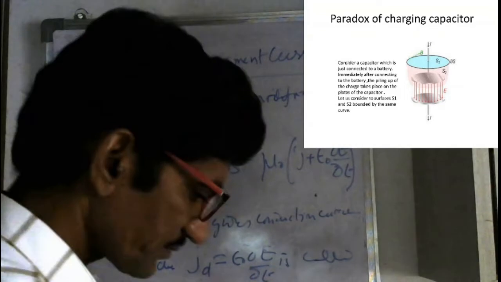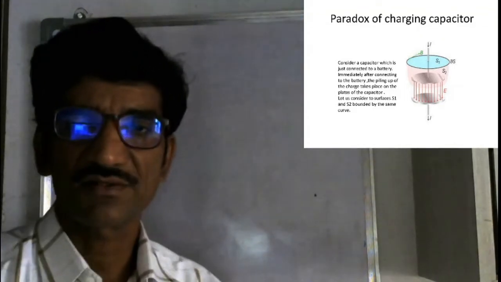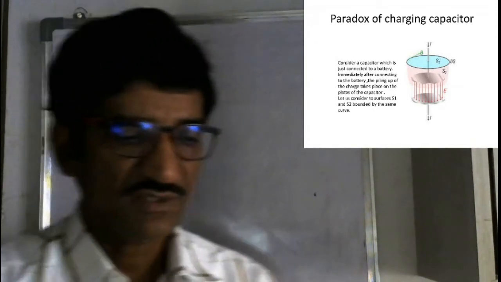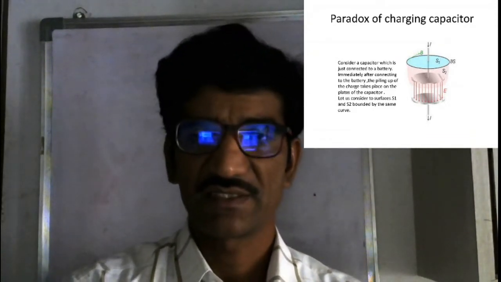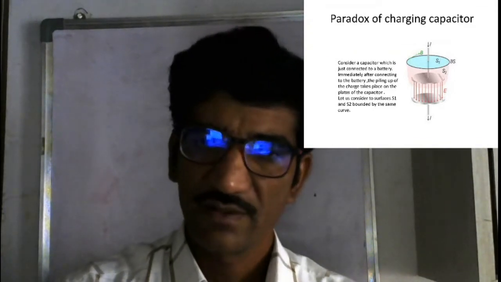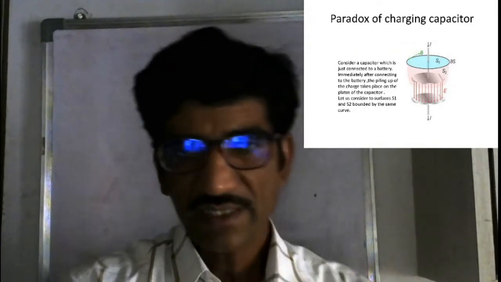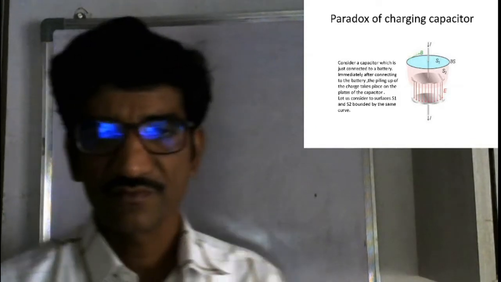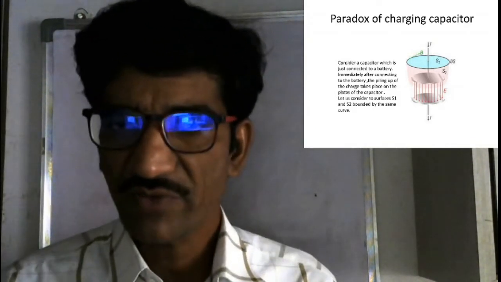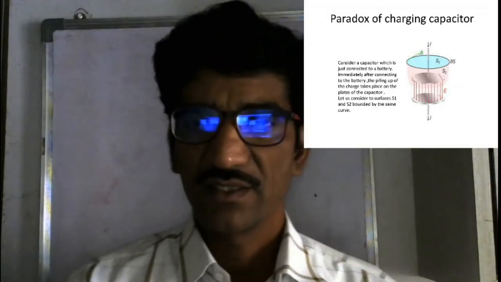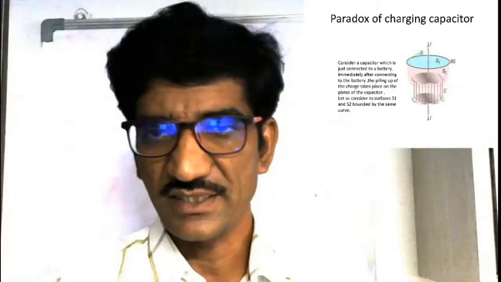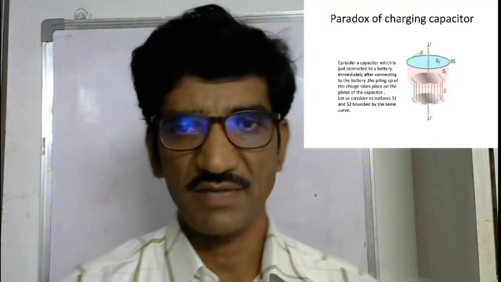Let us consider the paradox of the charging capacitor. First, let us see what the paradox is in charging of the capacitor. Consider a capacitor connected to a battery. Then charge from the battery starts to flow into the capacitor.